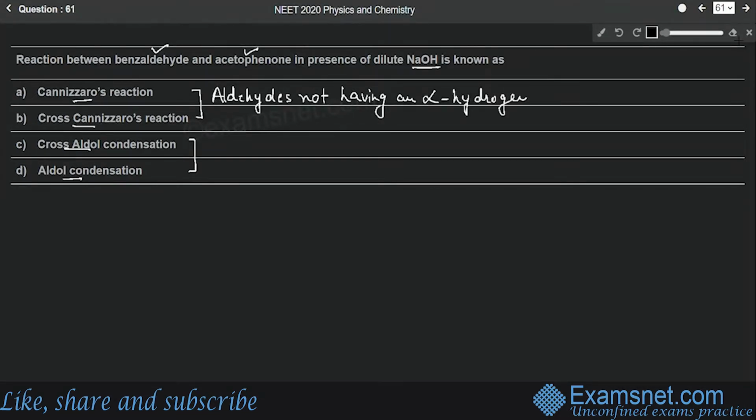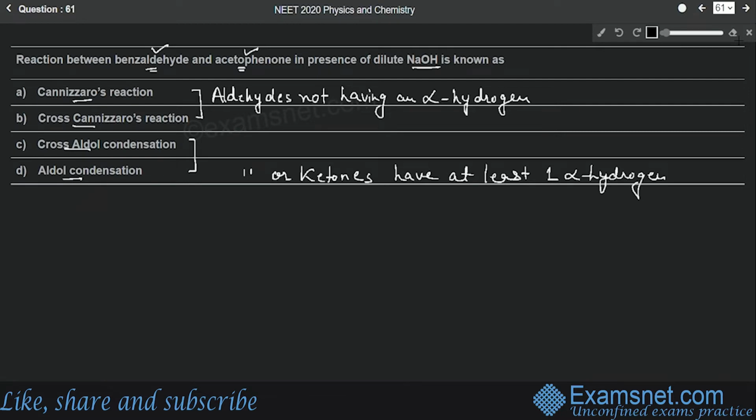Whereas in case of aldol condensation, the aldehydes or ketones should have at least one alpha hydrogen. That means it can be more than one, but at least one alpha hydrogen should be there. So we'll check if benzaldehyde and acetophenone have alpha hydrogen or not. If alpha hydrogen is present, then aldol reaction will take place, and if alpha hydrogen is not present, then Cannizzaro reaction will take place.